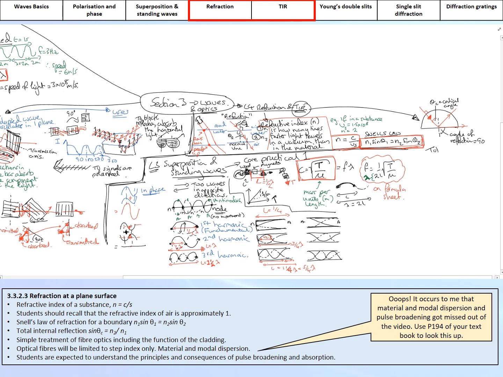So, total internal reflection, or TIR, is when all the light is reflected inside a material. In other words, if we're going from, say, glass into air, we have to be going from a higher refractive index to a lower one. So from something more optically dense, larger n, to a smaller one.